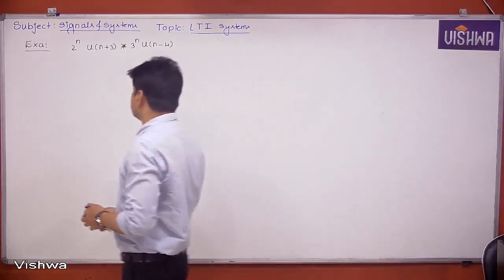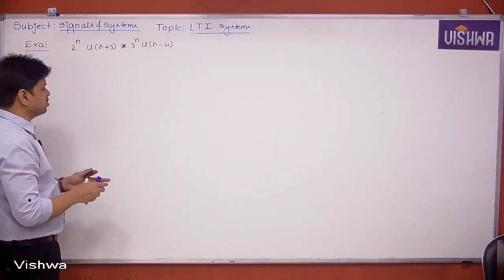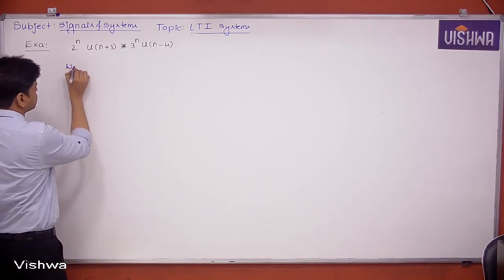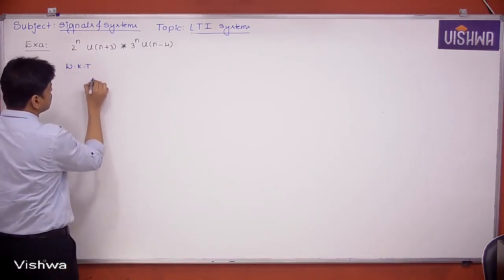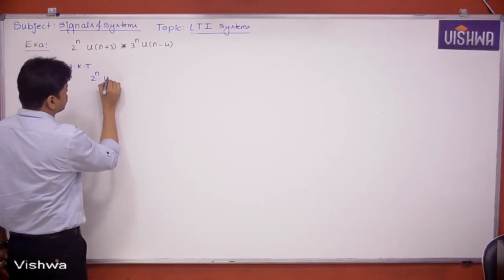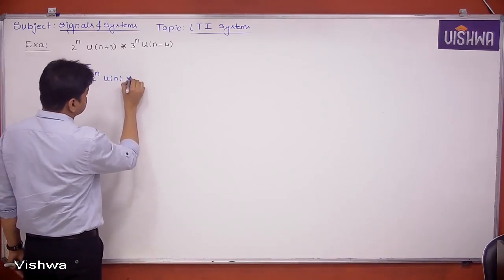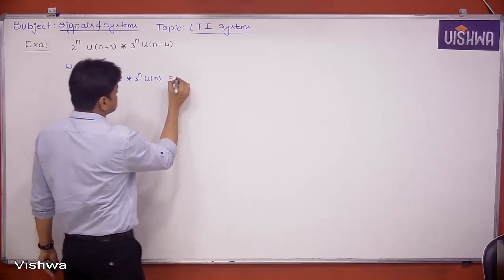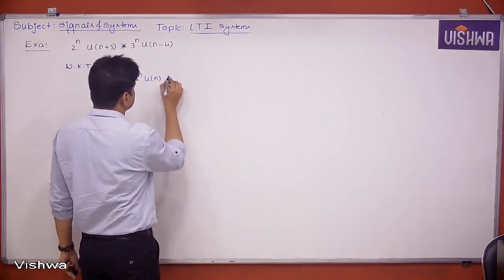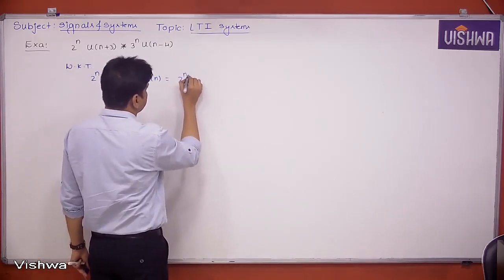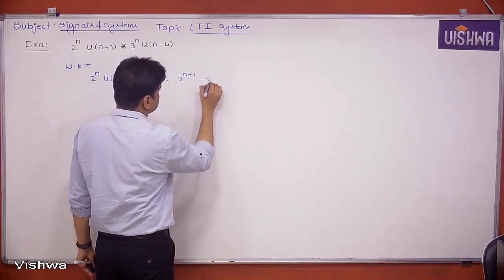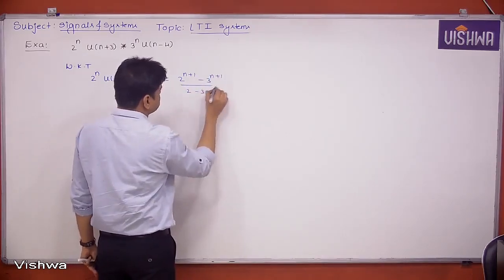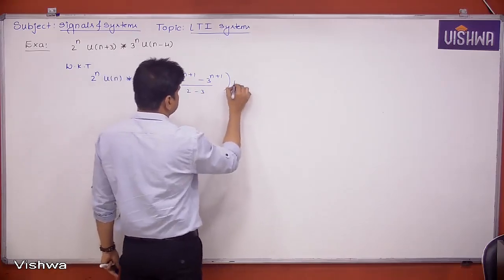Okay, see this again. We will start with what we know. We know that 2 power n u of n convolution with 3 power n u of n is 2 power n plus 1 minus 3 power n plus 1, divided by 2 minus 3, into u of n.